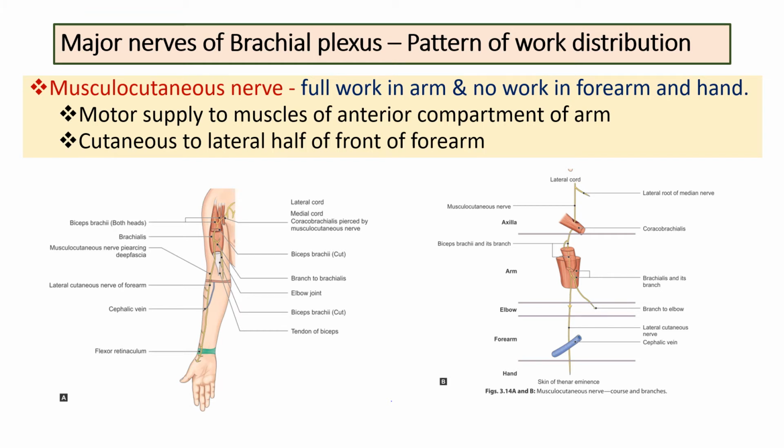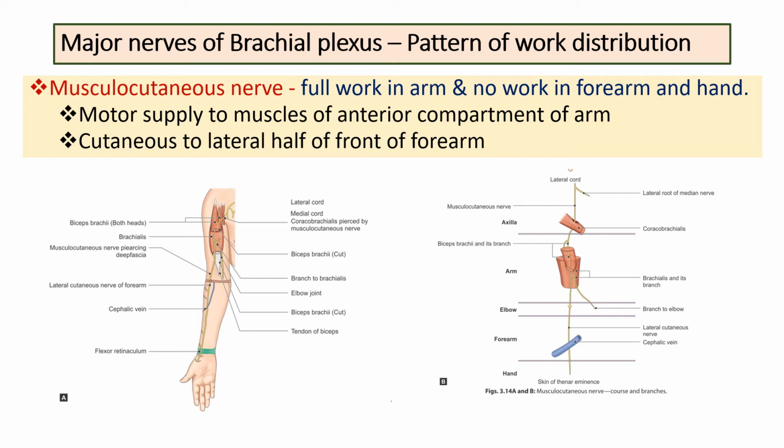These are the 3 muscles which you will see on the flexor aspect of the arm, and the musculocutaneous nerve, which is coming from the lateral cord of brachial plexus, that is from the ventral divisions, is supplying this aspect, and it is giving muscular branches in the arm. That means it is doing full work in the arm and no work in forearm and hand, because it is not giving any motor branches in these regions.